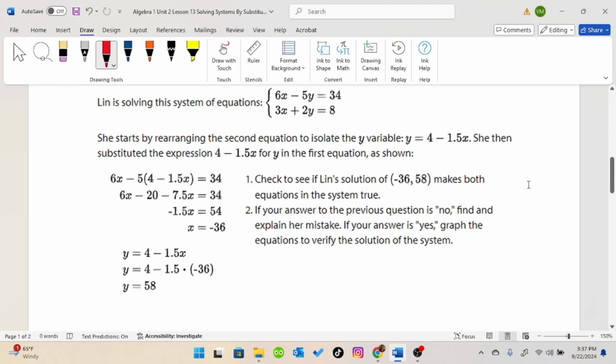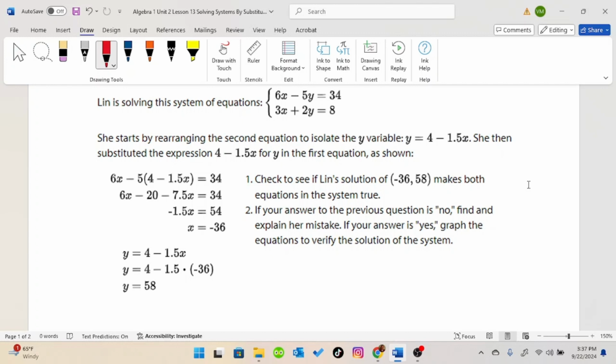Our second practice problem says Lynn is solving this system of equations. 6x minus 5y equals 34, and 3x plus 2y equals 8. She starts by rearranging the second equation to isolate the y variable. y equals 4 minus 1.5x.